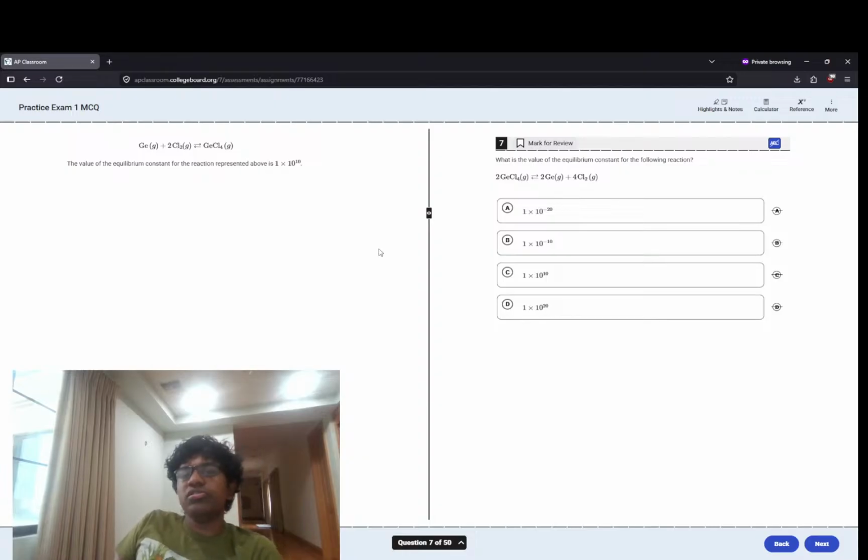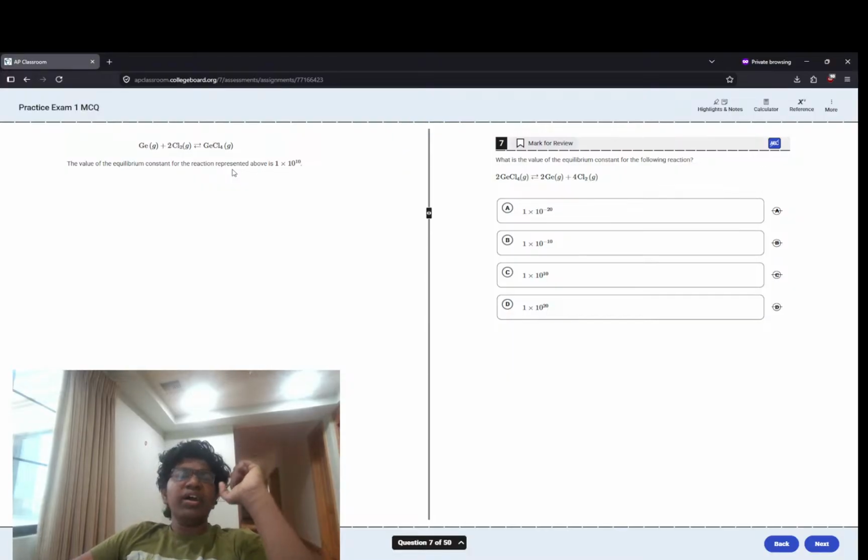So the equilibrium constant. So the question is, if you just basically reverse the reaction, multiply by two, opposite the equilibrium constant. So if you reverse the reaction, oh shoot.